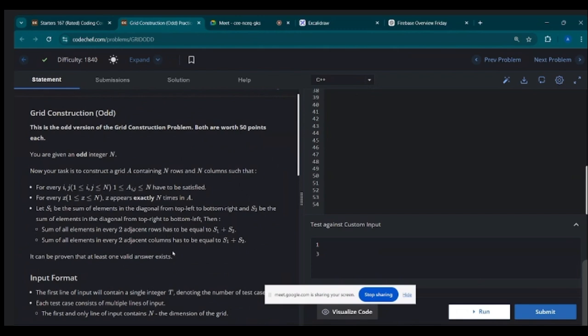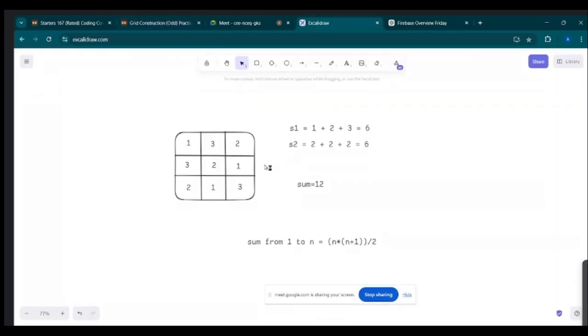One approach is to make every row have a similar sum, every column have a similar sum, and also the same for the diagonals. If they all have a similar sum, then we can say that S1 plus S2 is also equal to the sum for every adjacent rows and adjacent columns, right?